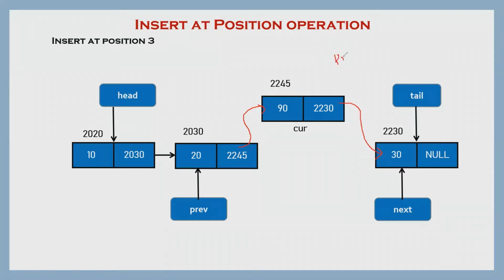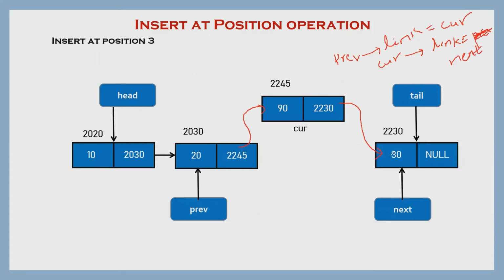Previous link is assigned to current, and current link is assigned with not previous, next, because it should point to the next node.